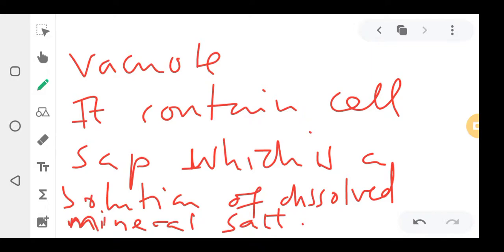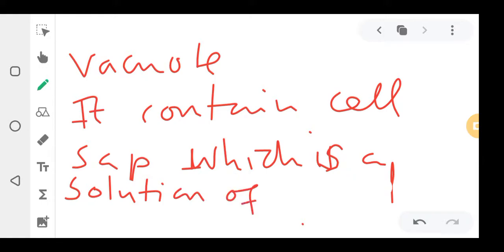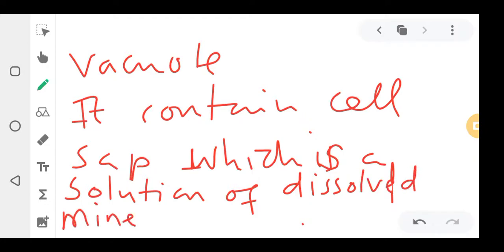Mineral, M-I-N-E-R-A-L. I don't know if you can see this, so let me write. It contains cell sap, which is a solution of dissolved mineral salts. Okay, so basically that's a little bit about cells.